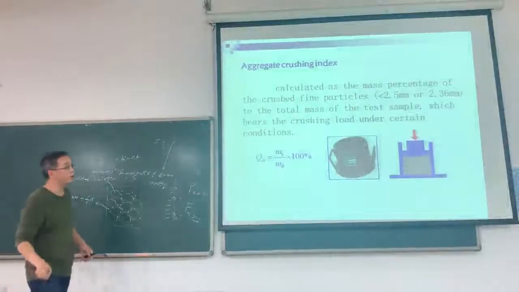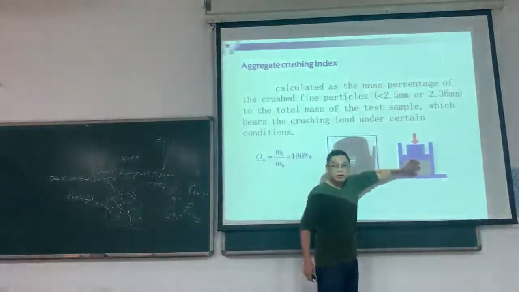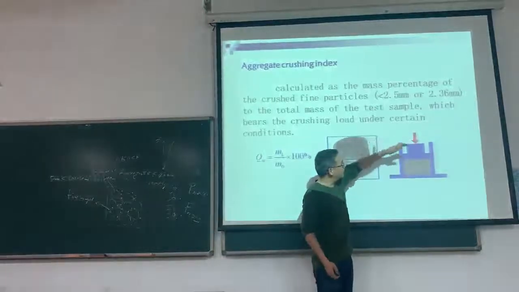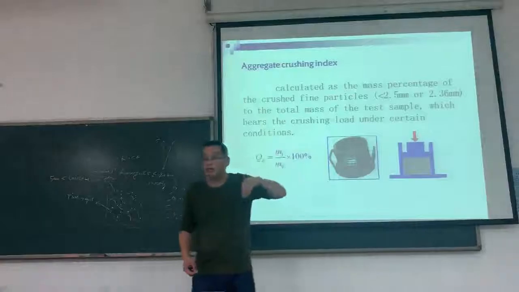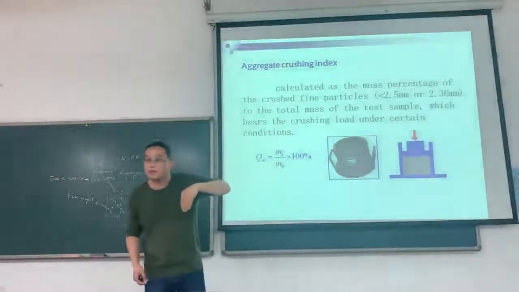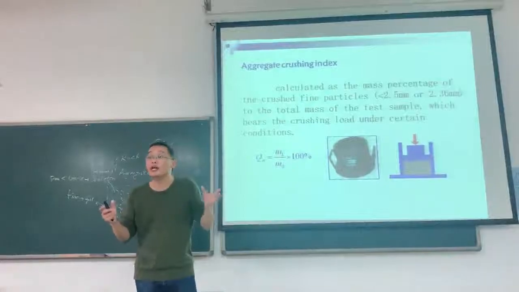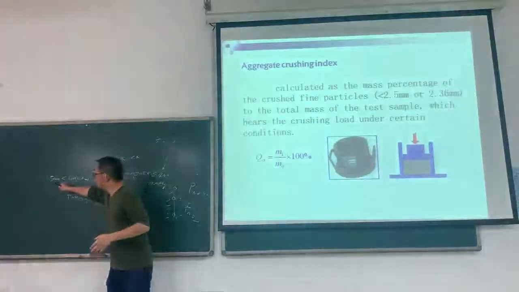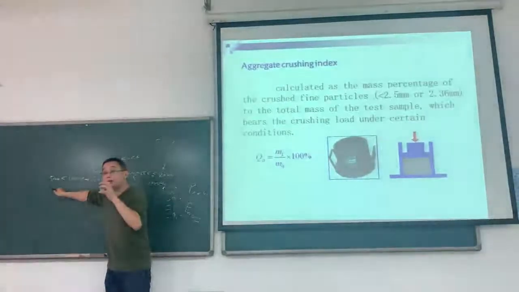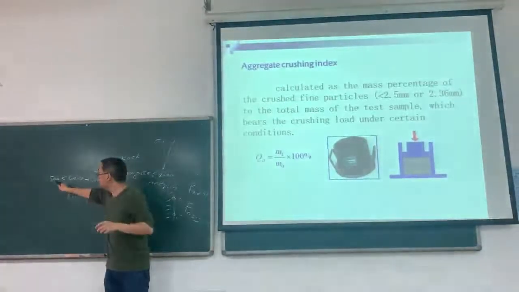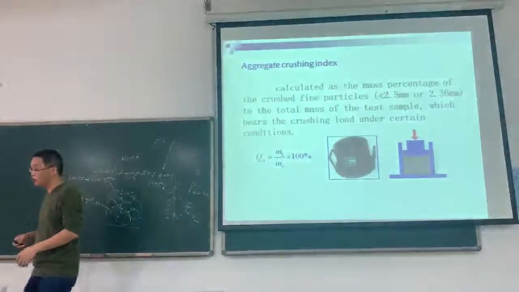And then we put the aggregates into this volume and compress it. During the compression, some of the aggregates will be broken, and the size will decrease. Some particles get a smaller size.